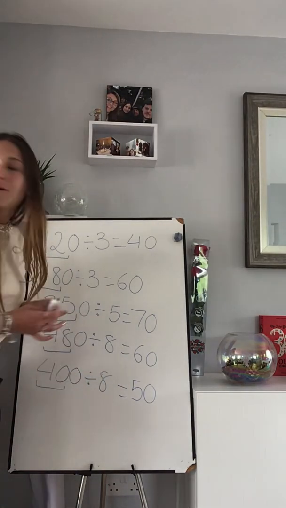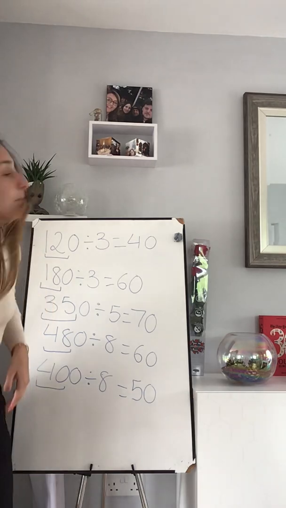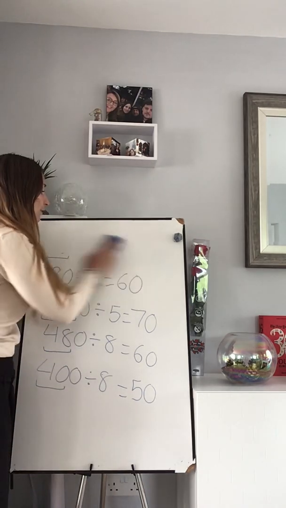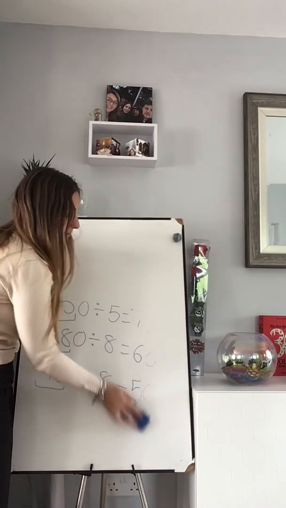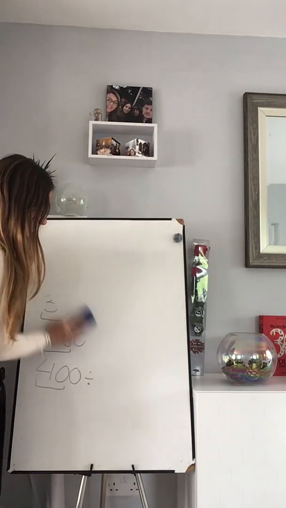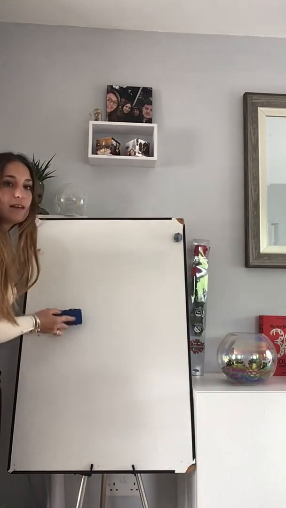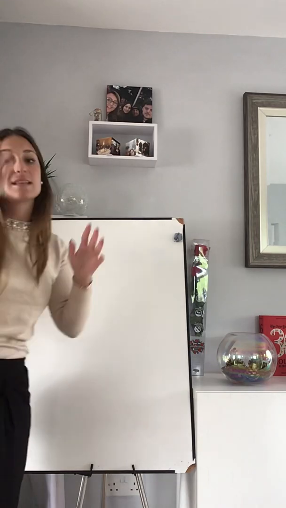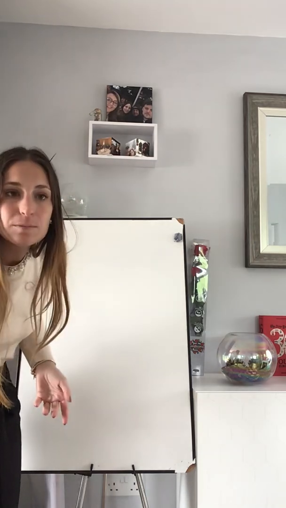Well done. Right, let's see what we are going to do today. Another type of division, another strategy. Today we are going to be dividing numbers that aren't multiples of 10, so they do not end with a 0. Let me show you.